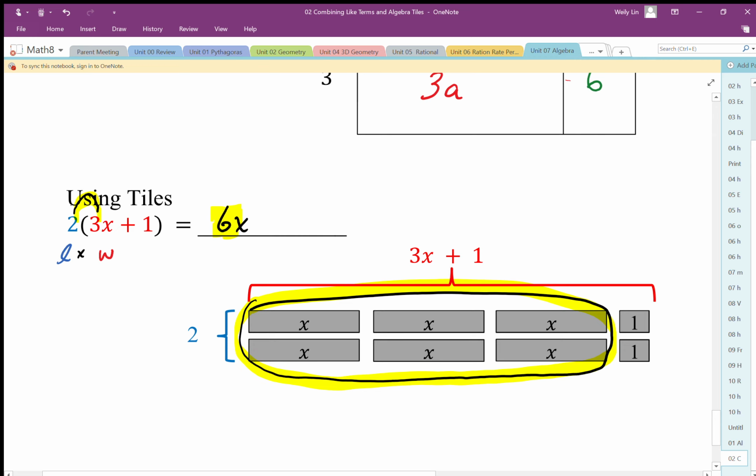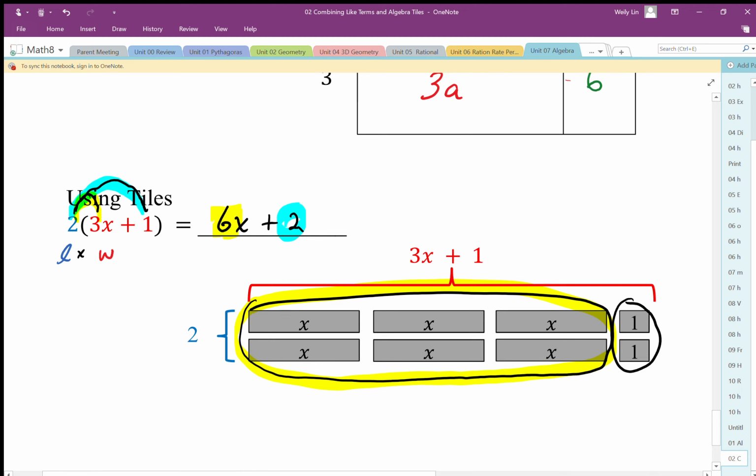And then I have also two groups of 1. Well, that's going to give me these 1's here. That's going to give me 2 1's. Or 2 times 3x is 6x. 2 times 1 is 2. And it's consistent with my area model. It's consistent with my algebra tile model. It's consistent with how I understand it in terms of groups of things. When I talk about two groups of 3x plus 1, I should have 6 x's and 2 1's.